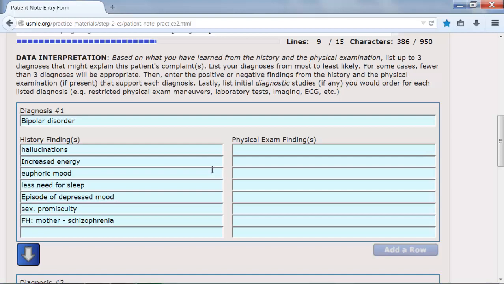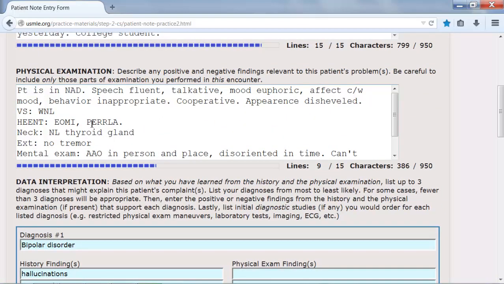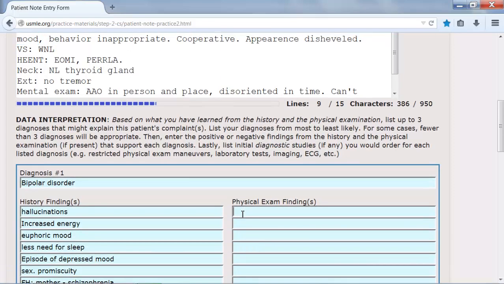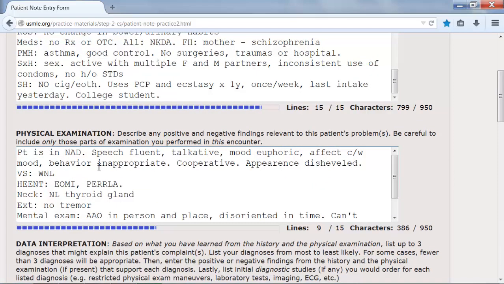And now findings from physical exam. Almost all of them are too long, so we'll use different lines.